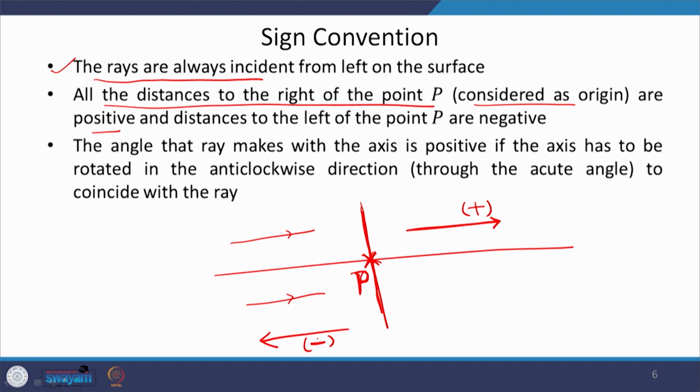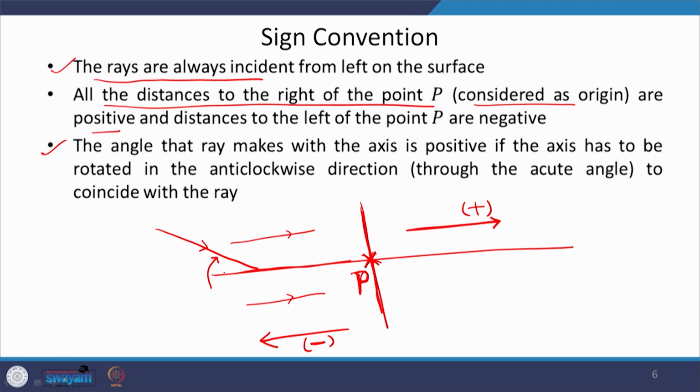The third point: the angle that a ray makes with the axis is positive if the axis has to be rotated in the anti-clockwise direction. What does it mean? Suppose on this axis a ray falls like this, it is slanted. Now, if you want to make this horizontal axis overlap with the direction of the ray, then you will have to rotate this axis in this direction.